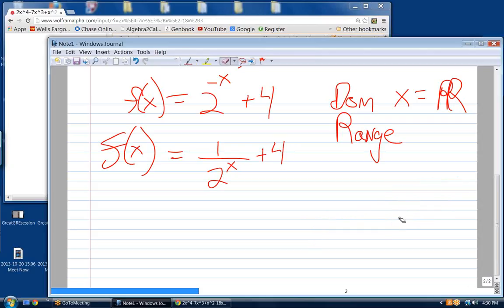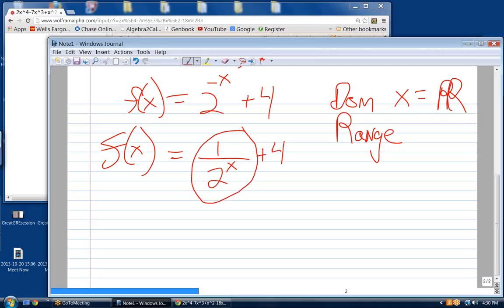Range is much tougher. Well, let's examine this part of the function. As x goes up, what happens to 1 over 2 to the x? It decreases. Okay. So if x is infinity, this thing is equal to 4.